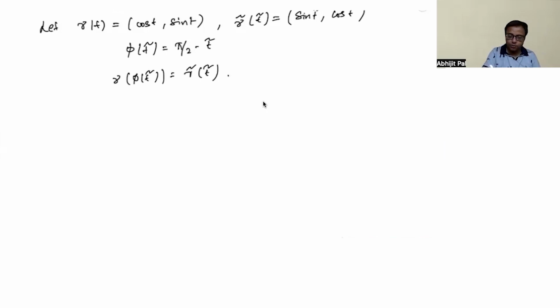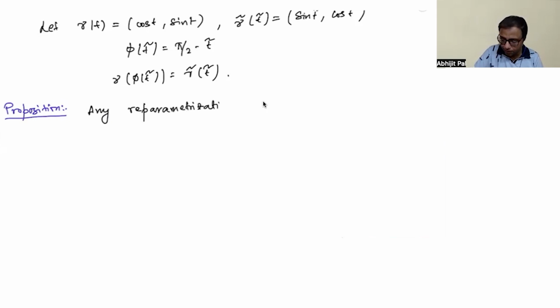So suppose you take a regular curve and you reparameterize it. Then the reparameterized curve will be again regular. So any reparameterization of a regular curve is regular. How do you show this?